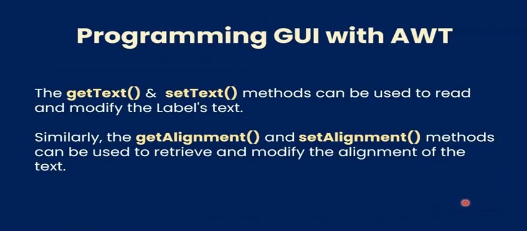You get the alignment so you can modify it to the alignment you want, using the setAlignment method. So the getText and setText methods can be used to read and modify label text, and similarly getAlignment and setAlignment retrieve and modify the alignment of the text. Okay, those are the methods: getText, setText, getAlignment, and setAlignment. All right.